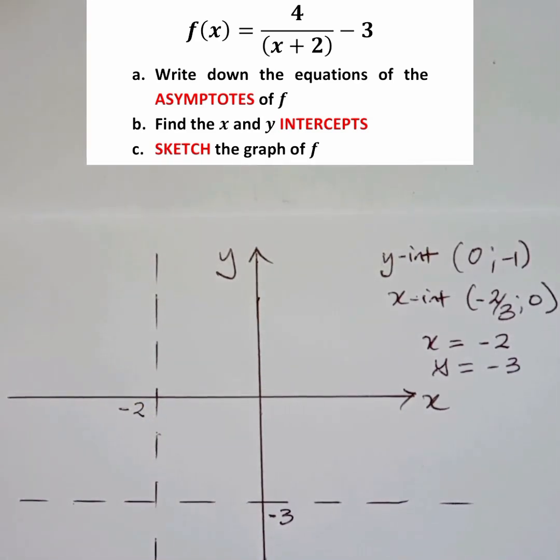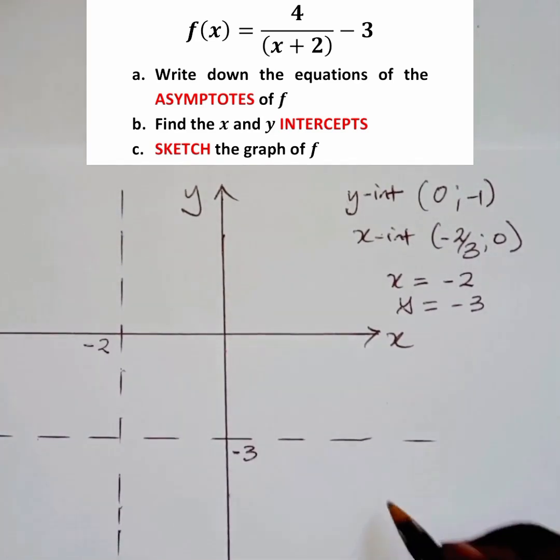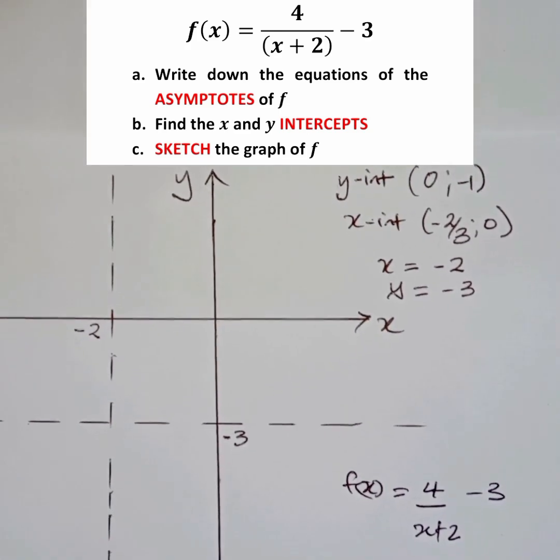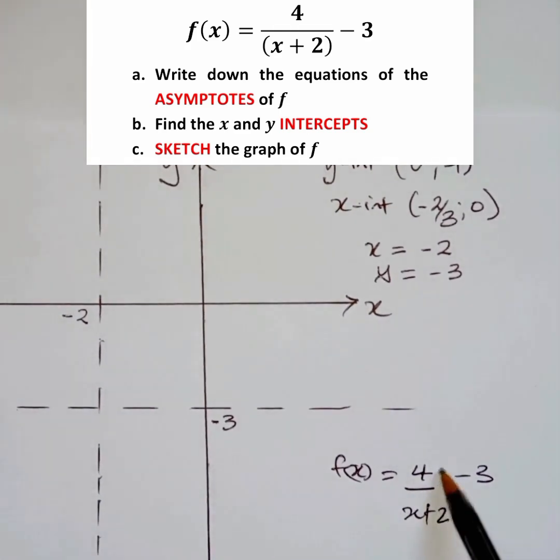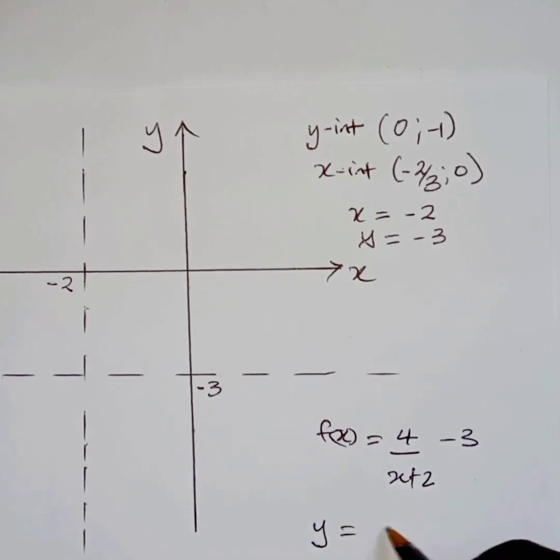Now, you remember our equation was in the form f(x) = 4/(x + 2) - 3. Now, to determine the shape of the graph, you have to look at the value of a. You remember we said that equation can be written in the form y = a/(x + p) + q.